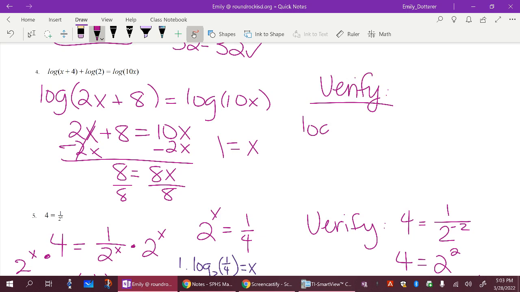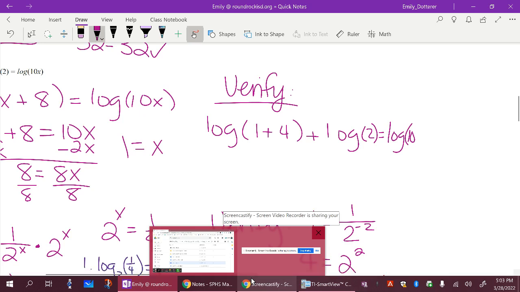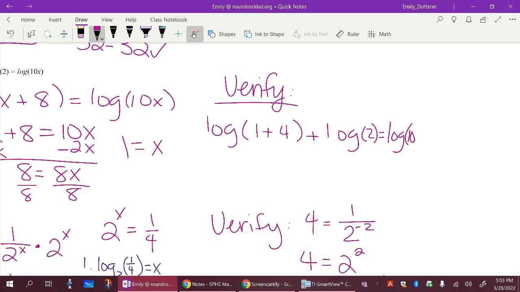We're going to verify. So we've got the log of 1 plus 4 plus the log of 2 equals the log of 10 times 1. Okay. 1 plus 4 is 5. 10 times 1 is 10.